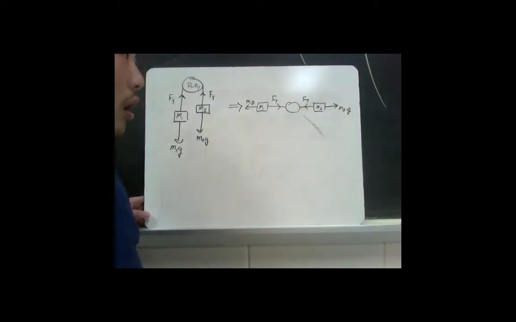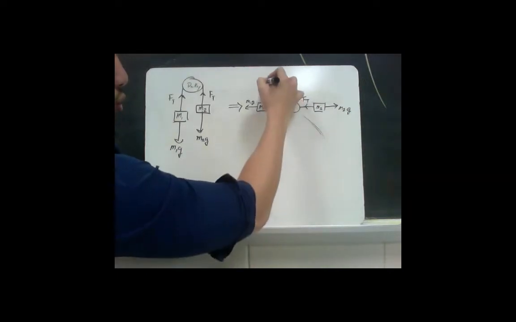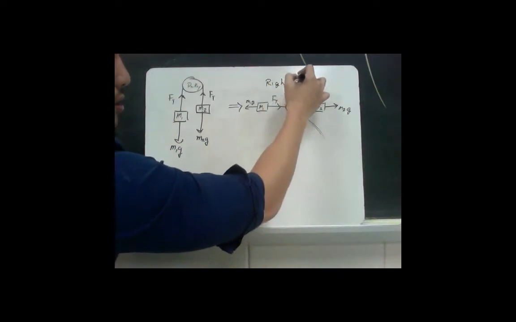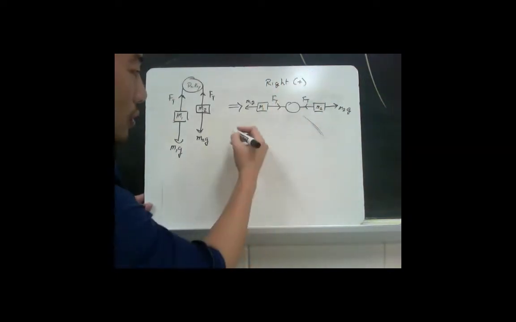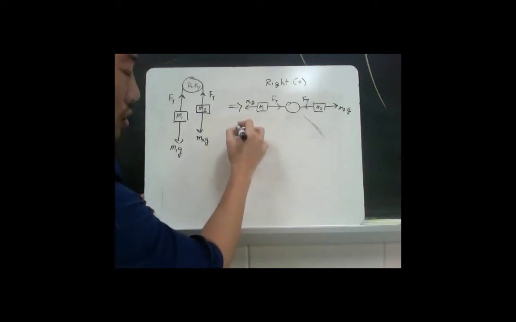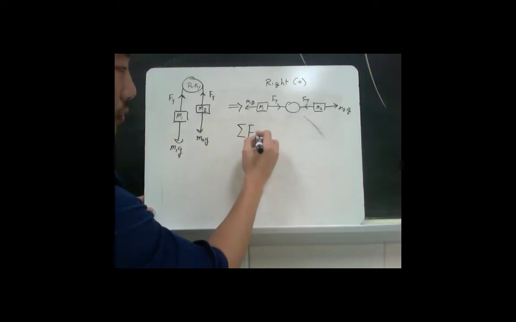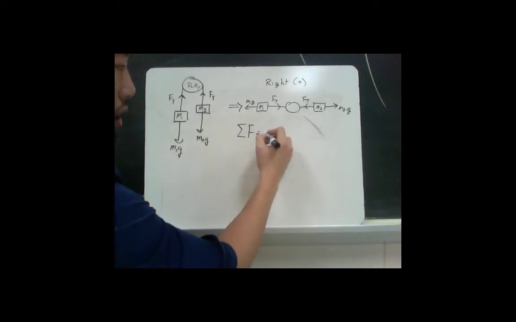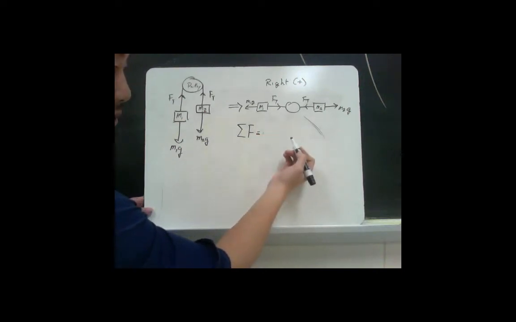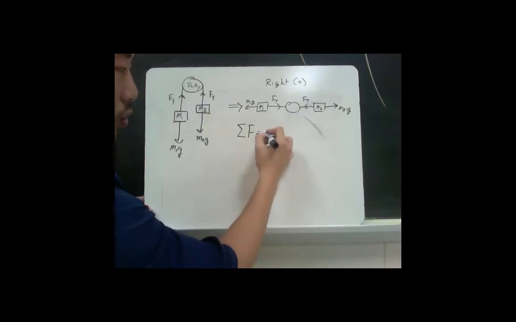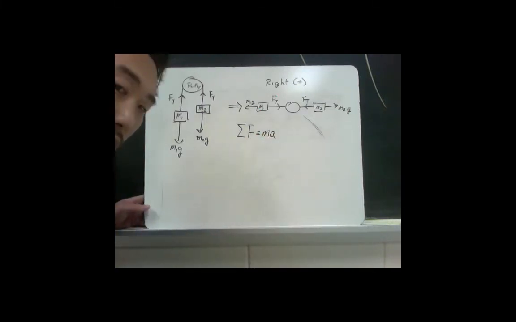Okay. Now from there, I will designate anything going to the right as positive. Okay. So if I were to create my net force equation, it would look like this. So the sum of the forces is equal to the mass times the acceleration. Okay. So normally when we write these equations, we will write it like this, right?